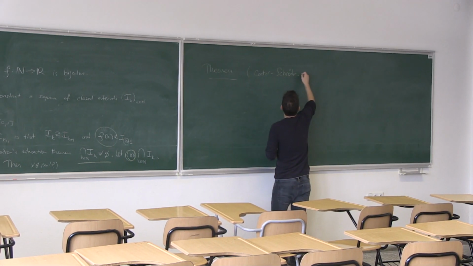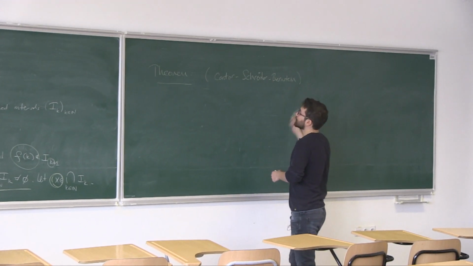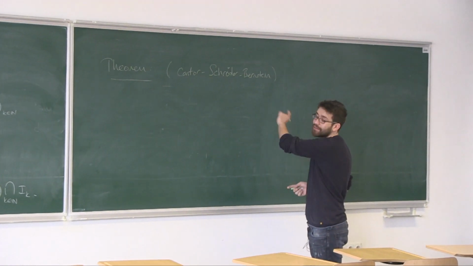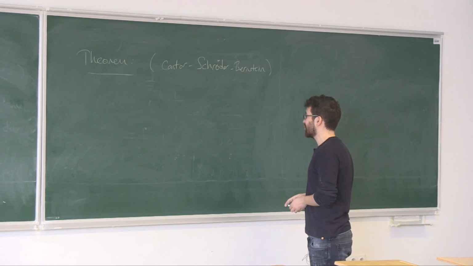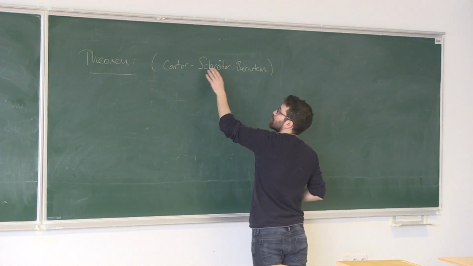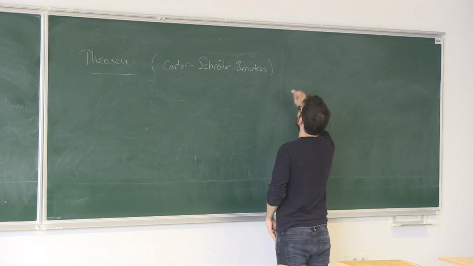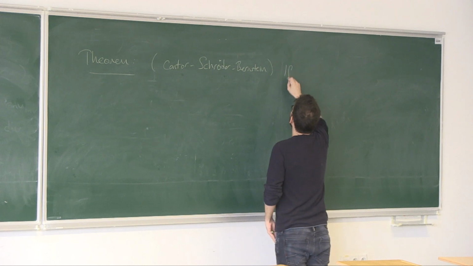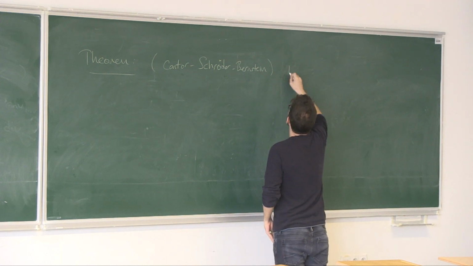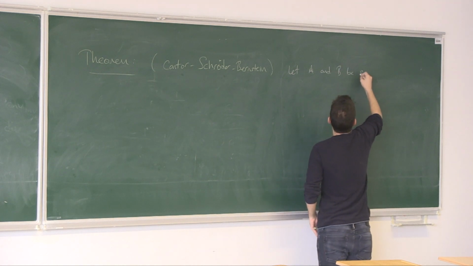So it took 3 guys to actually prove this. I don't know whether they collaborated or not. I'm not sure. I know that Cantor did not collaborate with these guys because this is sometimes called the Schroeder-Bernstein theorem, sometimes called the Cantor-Schroeder-Bernstein theorem. Anyway, it says the following. Let A and B be sets.